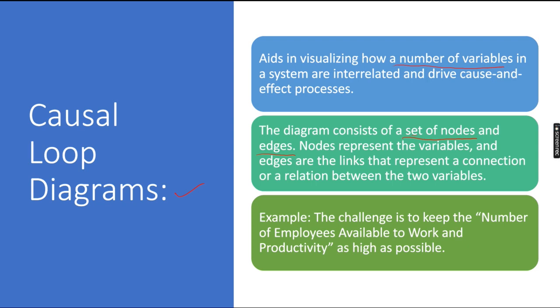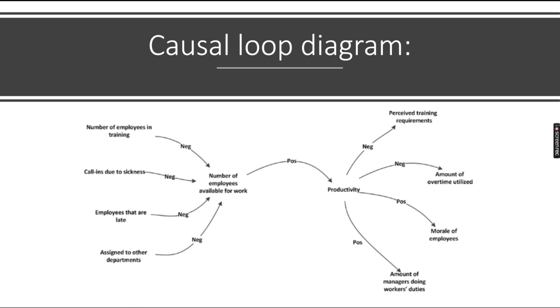Example: the challenge is to keep the number of employees available to work and productivity as high as possible. So this is the problem. Now how to deal with it? You have to create the causal loop diagram. So this is the causal loop diagram. Here is the number of employees available for work, and we have to check the productivity.